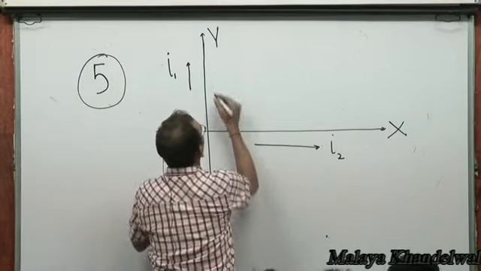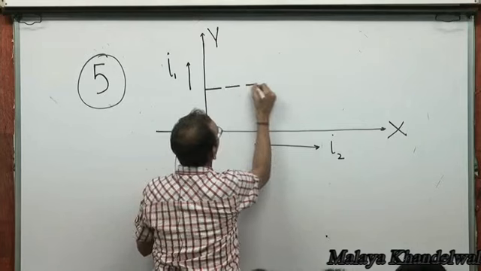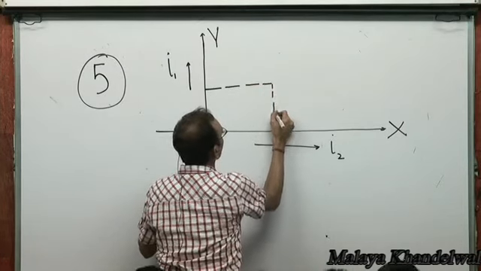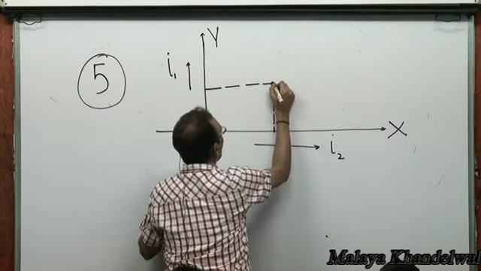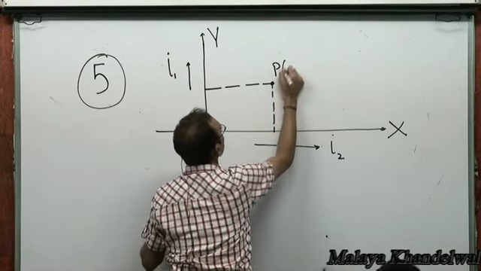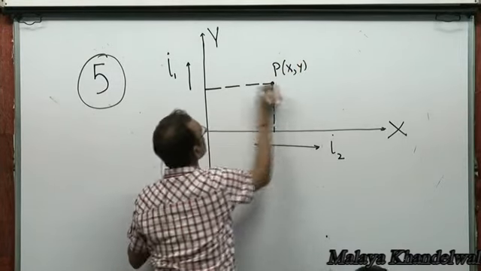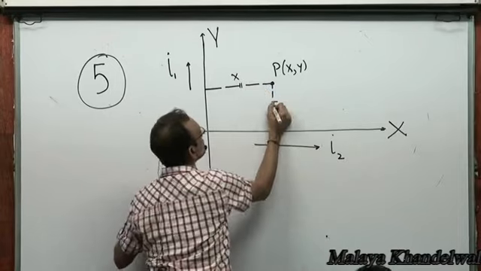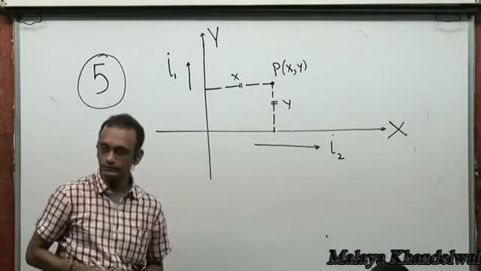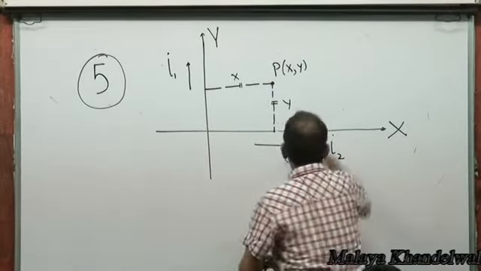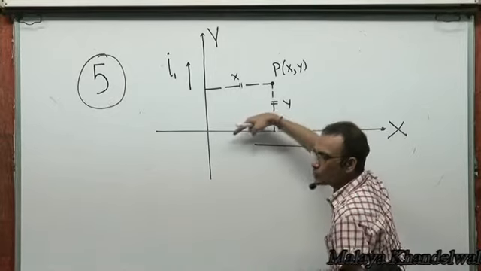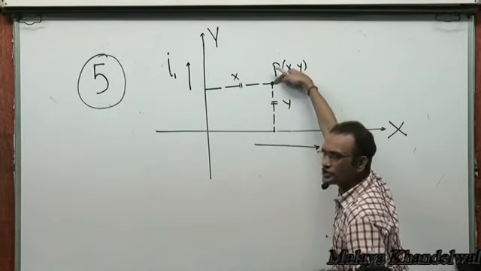Now, realize that if I looked at a point P, x comma y, meaning this will be x and this will be y, right? Look at this wire. What's the field produced at P?